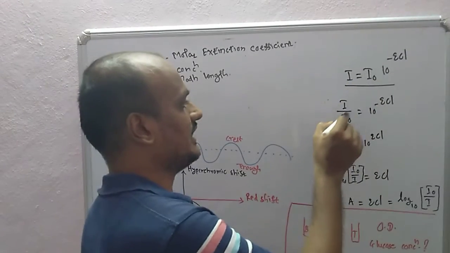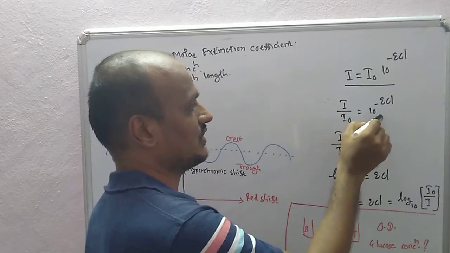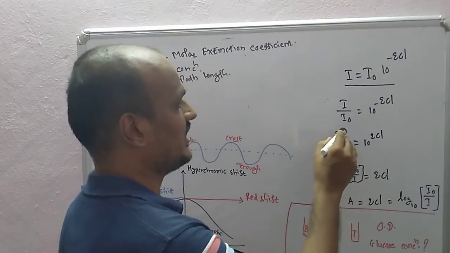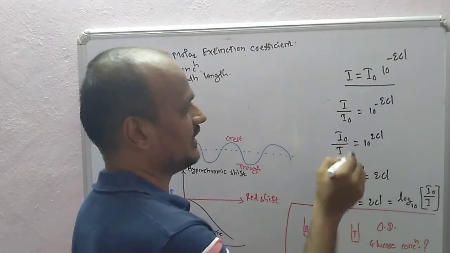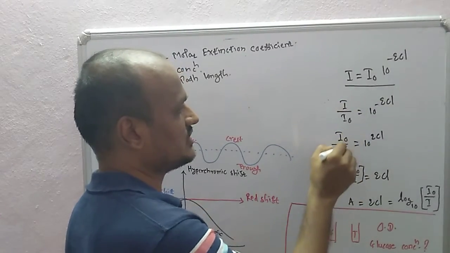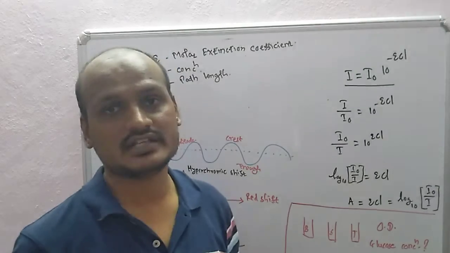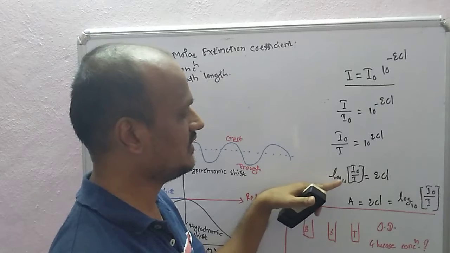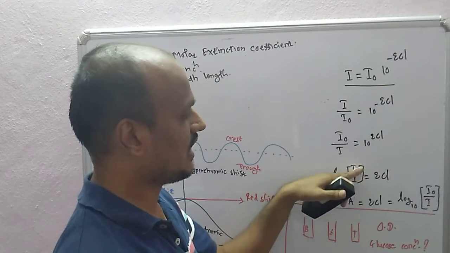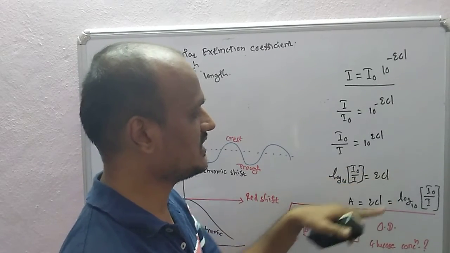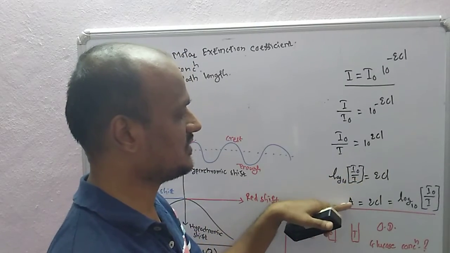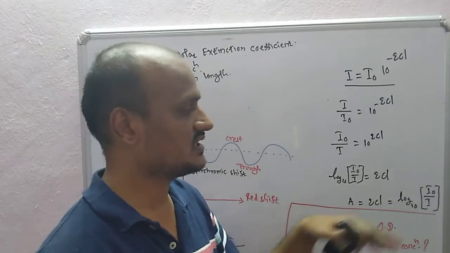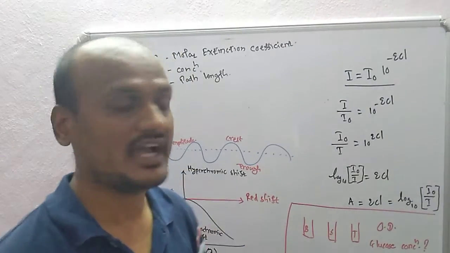We take this I0 to the downside: I divided by I0 is equal to 10 raised to minus epsilon CL. If we want to get rid of the negative sign, we can invert it: I0 divided by I is equal to 10 raised to epsilon CL. If you take the logarithm of this, log to the base 10, I0 by I is equal to epsilon CL. So this epsilon CL is basically absorbance. So absorbance is equal to epsilon CL, which is equal to log to the base 10 of I0 by I.